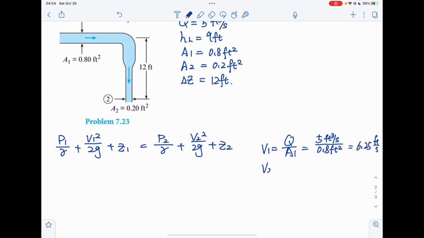And the V2 is also equal to Q over A2, which is 5 cubic feet per second over the area, which is 0.2 feet squared, which is 25 feet per second.